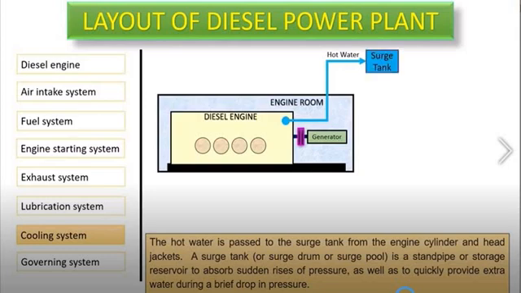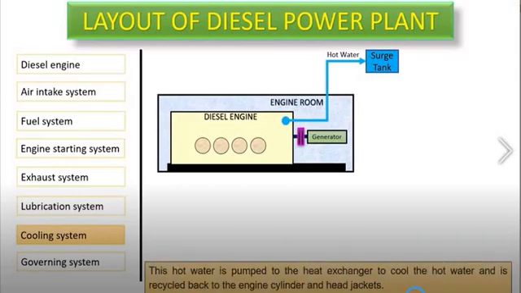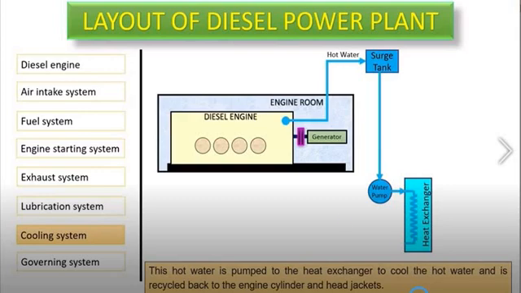A surge tank or surge drum or surge pool is a standpipe or storage reservoir to absorb sudden rise of pressure as well as to quickly provide extra water during a brief drop in pressure. So this hot water is pumped to the heat exchanger to cool the hot water and is recycled back into the engine cylinder.